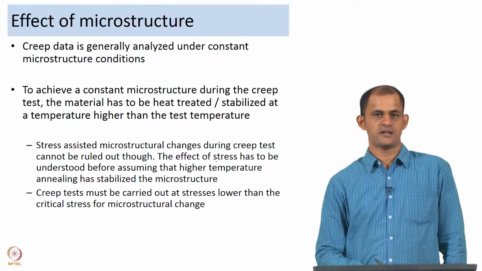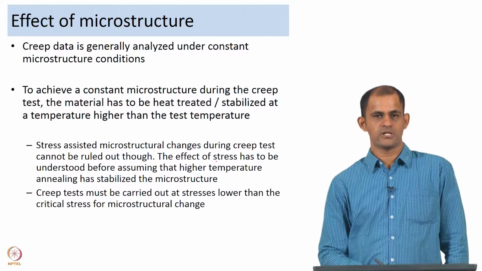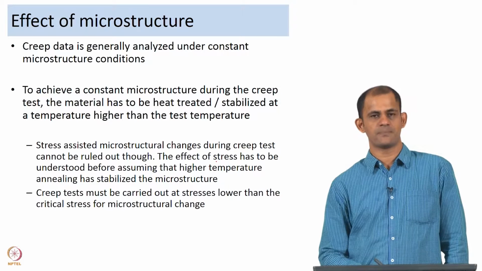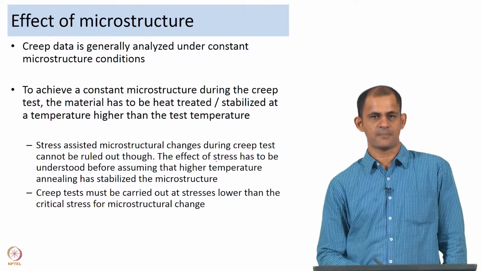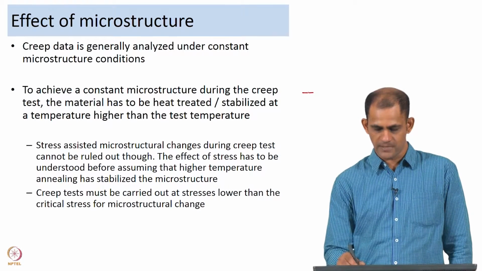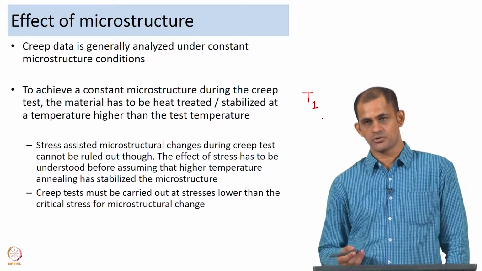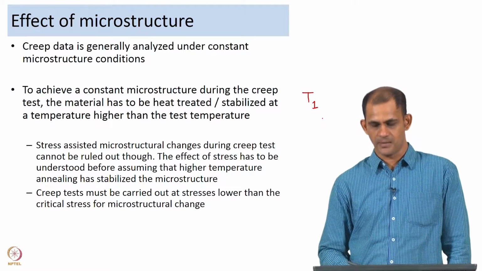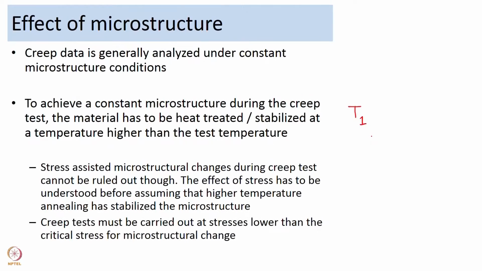So, creep data is generally analyzed under constant microstructure conditions, and to achieve a constant microstructure during the creep test, the material has to be heat treated or stabilized at a temperature higher than the test temperature. Say if you are planning to do a creep test at a temperature T 1, then for the microstructure to stay stable during the creep test, the material should have been heat treated or annealed at a temperature T 2, where T 2 is greater than T 1.